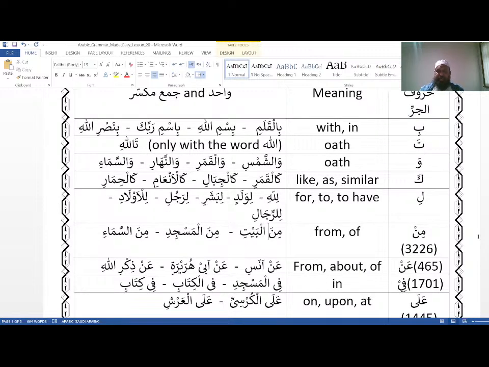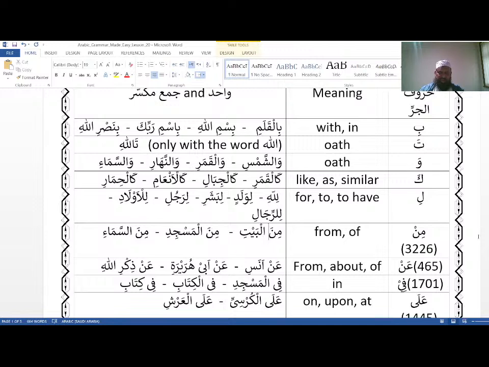Next one, an, from, about, or of. An Anasin. In hadith narration, when a muhaddith is quoting the hadith, he will say an, and he will mention his teacher's name.